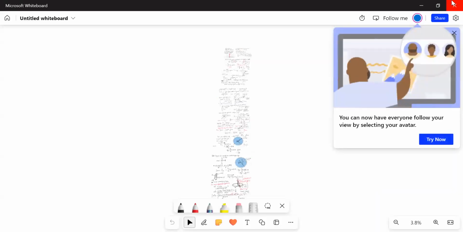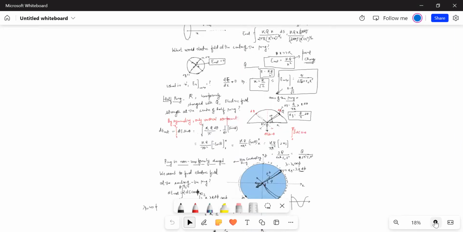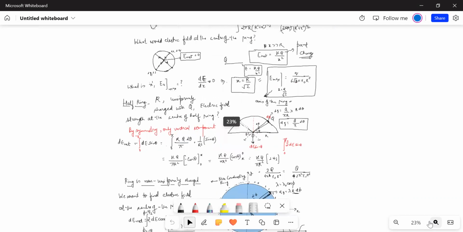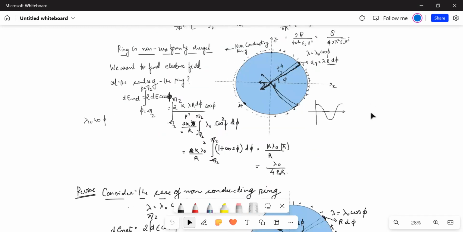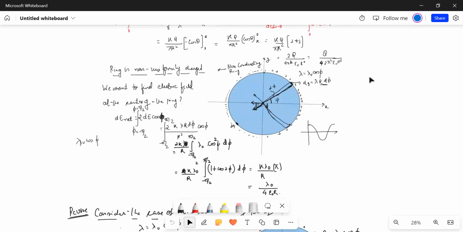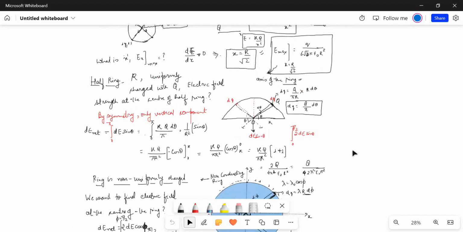Okay, so we've done till now a line of charge. We've done a non-conducting ring, a conducting ring. We have also calculated electric field on the axial point of the uniform line of charge, where a non-uniform charge distribution in linear fashion was given to us.